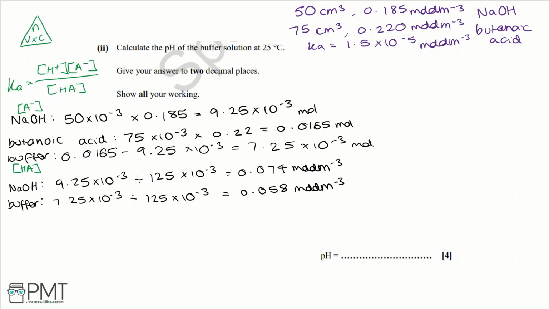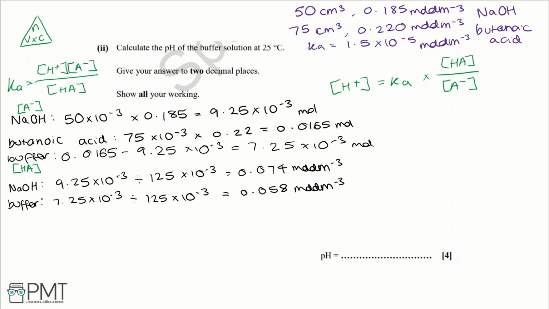So now we're using our second equation, and we're going to rearrange it so that we have the concentration of H plus as our subject, and that's going to equal Ka times the concentration of HA, divided by the concentration of A minus.